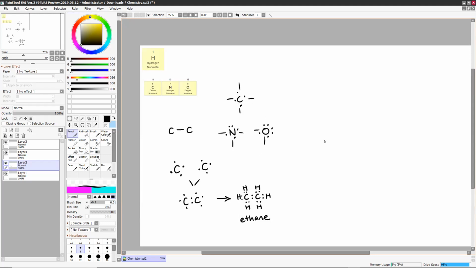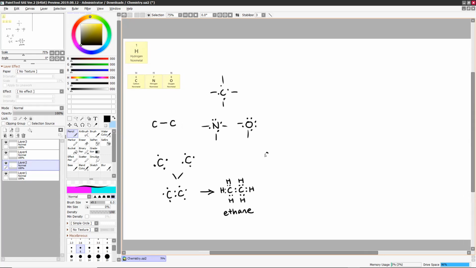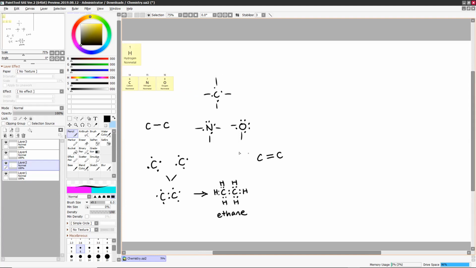An atom can also form multiple bonds with the same atom. So for example, carbon might form 2 bonds with another carbon. In this case, 2 electrons remain unpaired because over here, what you'll see is something like this. There are 4 electrons being shared by these 2 carbon atoms.